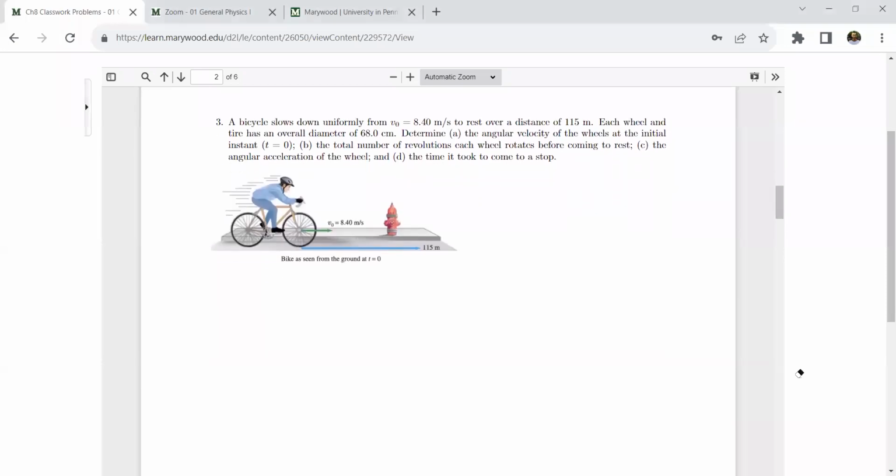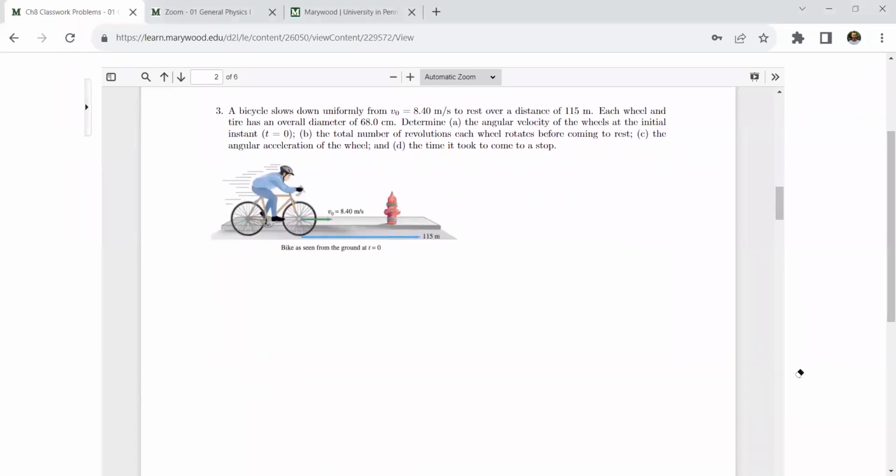All right, so this is the problem about rolling. Let's see what it asks us to calculate. A bicycle slows down uniformly from, so here you see it's the linear velocity. The initial linear velocity is given, and it stops somewhere here. The initial velocity is this, the final linear velocity is equal to 0.